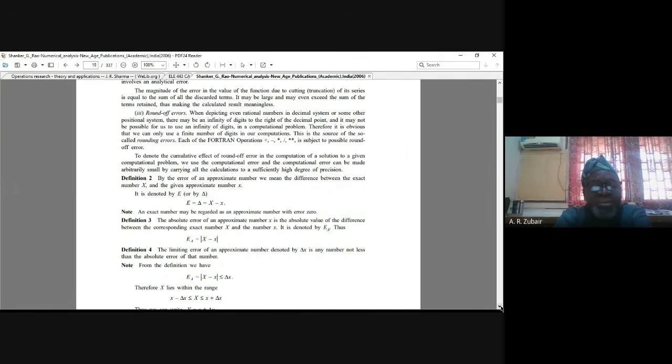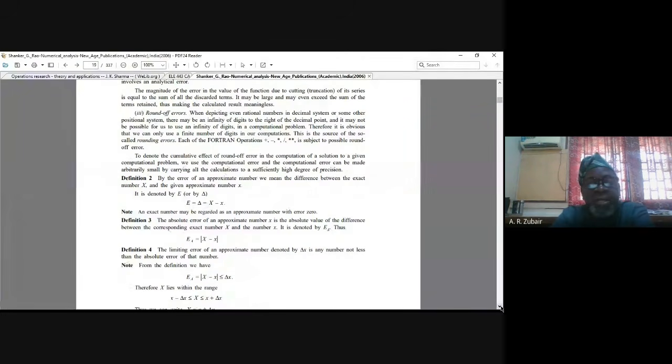That's good. The absolute error of an approximate number x is the absolute value of the difference between the corresponding exact number x and the number small letter x. It is denoted as E subscript A. So in this case, absolute error is different from the error.